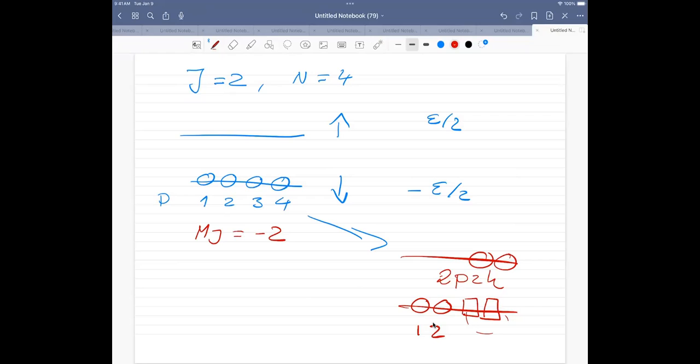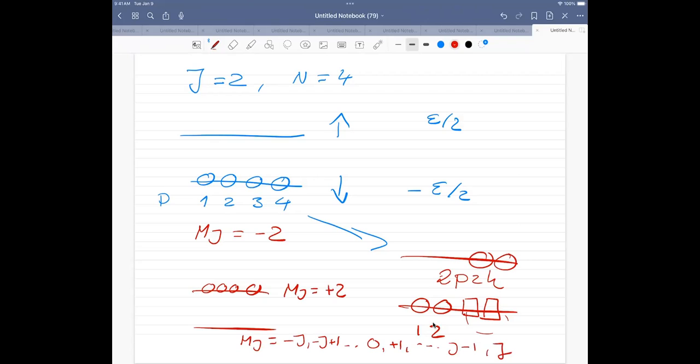If you, on the other hand, have everything up here, this would be a state with an mj equal to +2. So these are the maximum values. And you know that when you do this kind of spin stuff, that will be given by -j +1 up to 0 +1 and all the way up to j -1 and up to the total j.